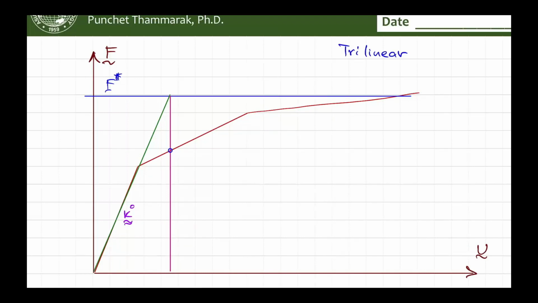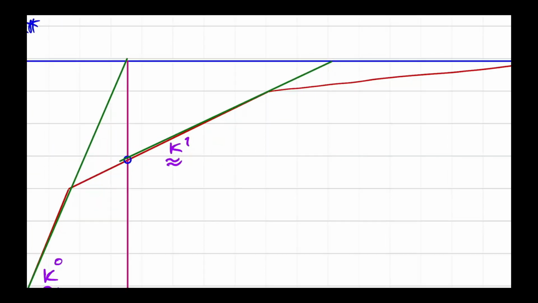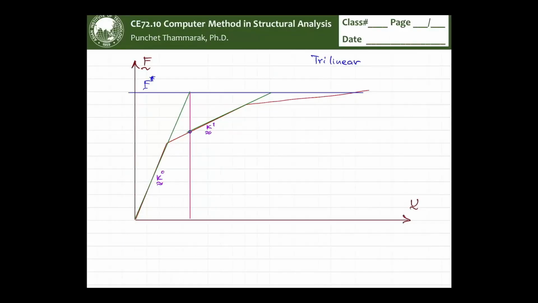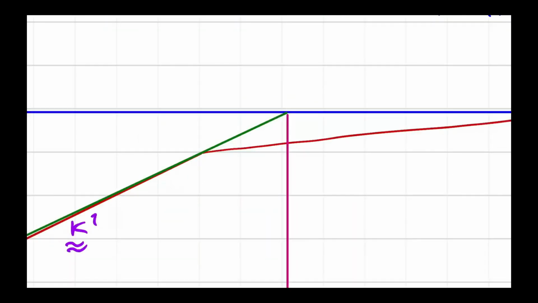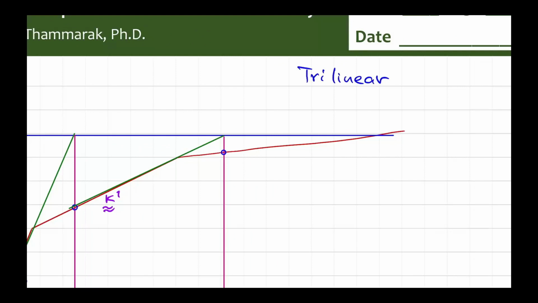So you run the second iteration, which goes from here. And this part, if you call it K1, you'll be getting this solution. And this last one is also a straight line.